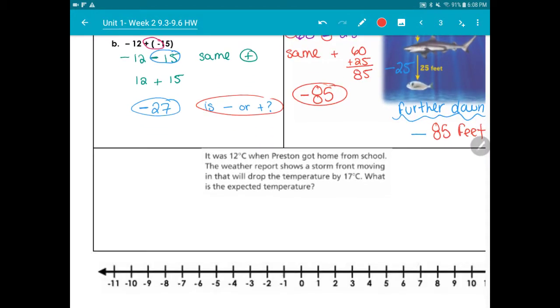All right, let's look at the bottom. It was 12 degrees when Preston got home from school. The weather report shows a storm front moving in that will drop the temperature by 17 degrees. So drop means minus. What is the expected temperature? What is the new temperature?